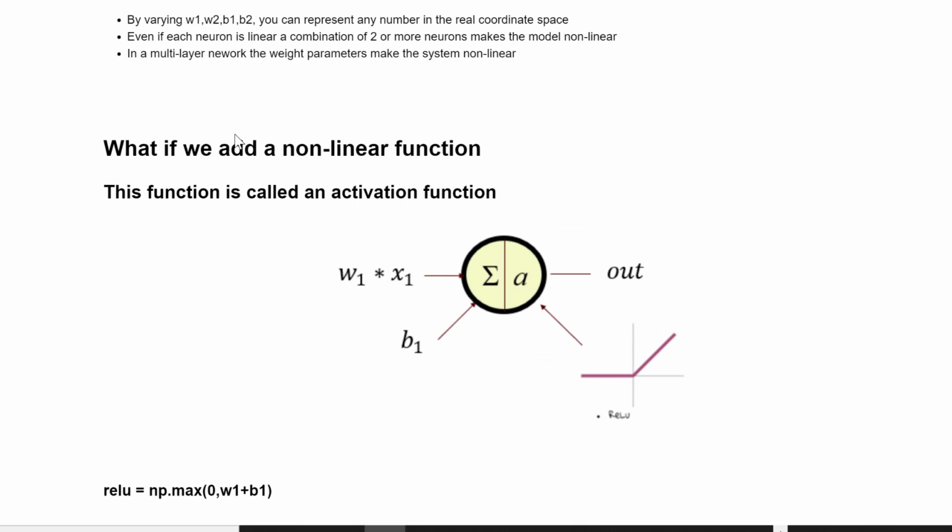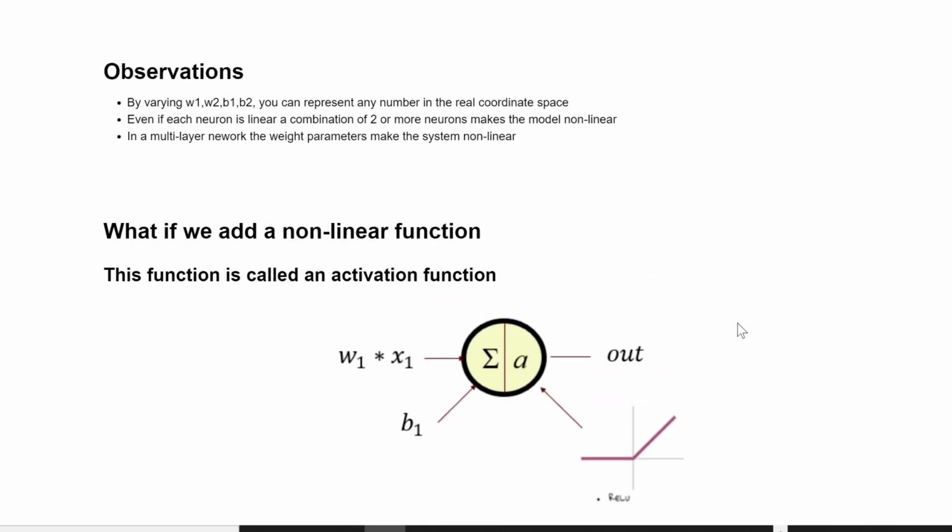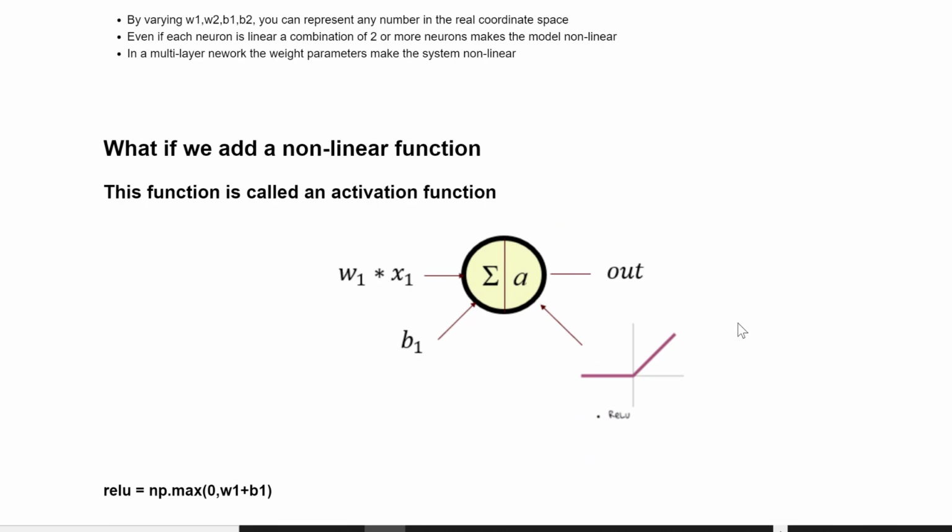Now, to give even more nonlinear capabilities to a neuron, there's something called an activation function, and this gets into the next level of learning and understanding of neural nets. We're going to add a nonlinear function to the neuron. So we're going to multiply the input times the weight plus the bias, and we're going to pass all of that through a nonlinear function. The most common nonlinear function used today in neural nets is called the rectified linear unit, or ReLU.